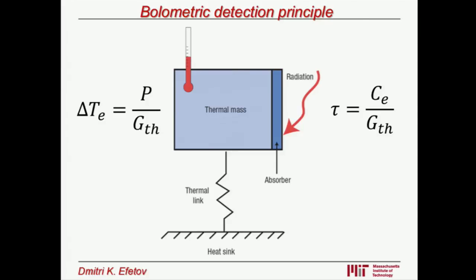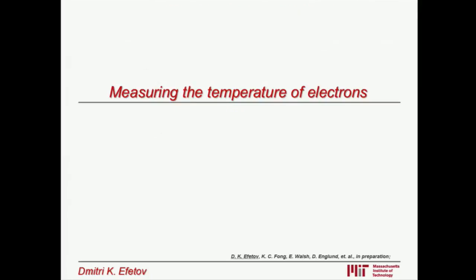We can use this simple scheme where the graphene is the thermal mass and the absorber at the same time. It can absorb radiation, and it's only weakly coupled to the thermal bath, which is given by the electron-phonon interaction. Just by the incident power versus the thermal conductivity, we can get the increase in electronic temperature, and the time scale is given by tau, which equals the heat capacity over the thermal conductivity.